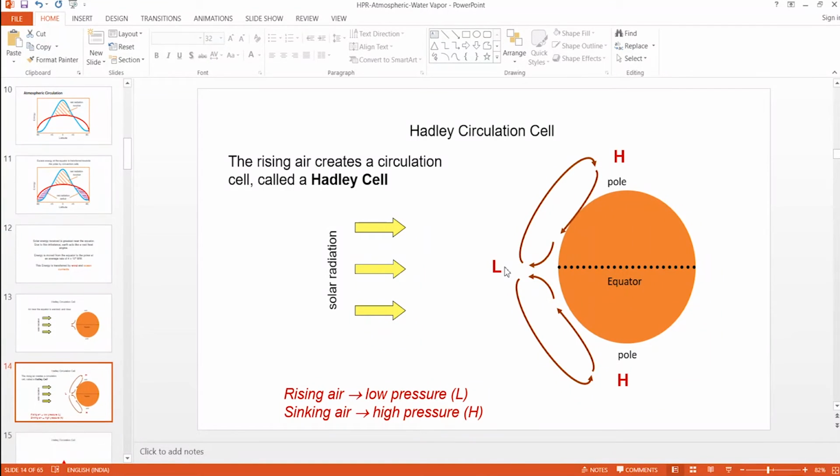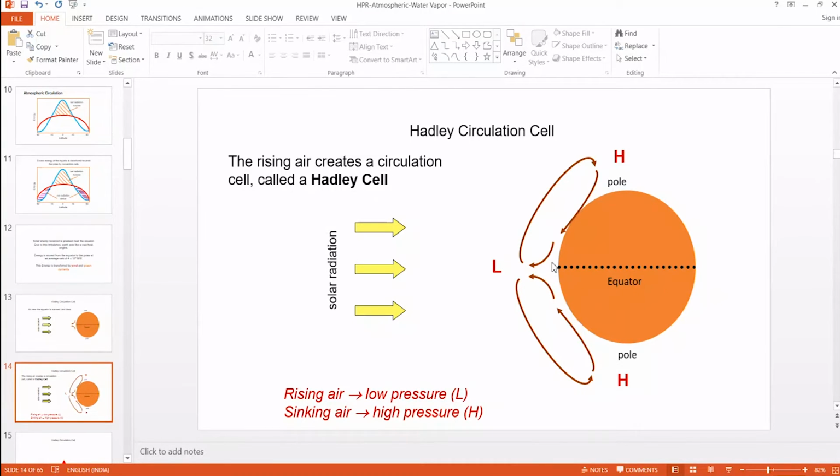Because of the greater amount of solar energy available there, the air heats up quickly and moves up, because as air warms up, it becomes lighter and lighter, so it moves in the upward direction.